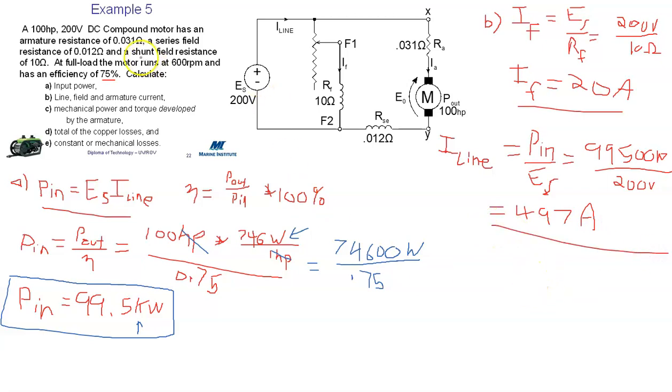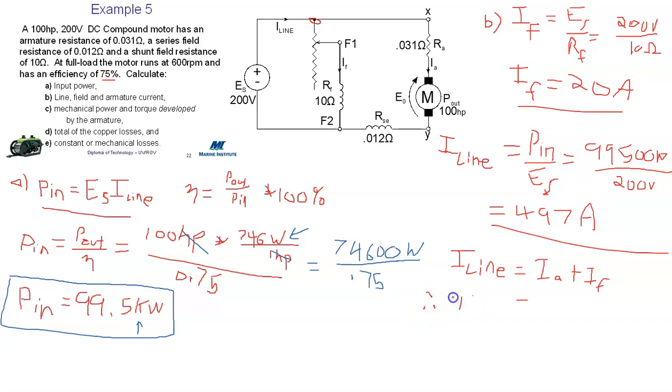Now, if we write Kirchhoff's current law at the node here, I line is the current that enters. It equals the sum of the currents that leave, and so that's IA plus IF.